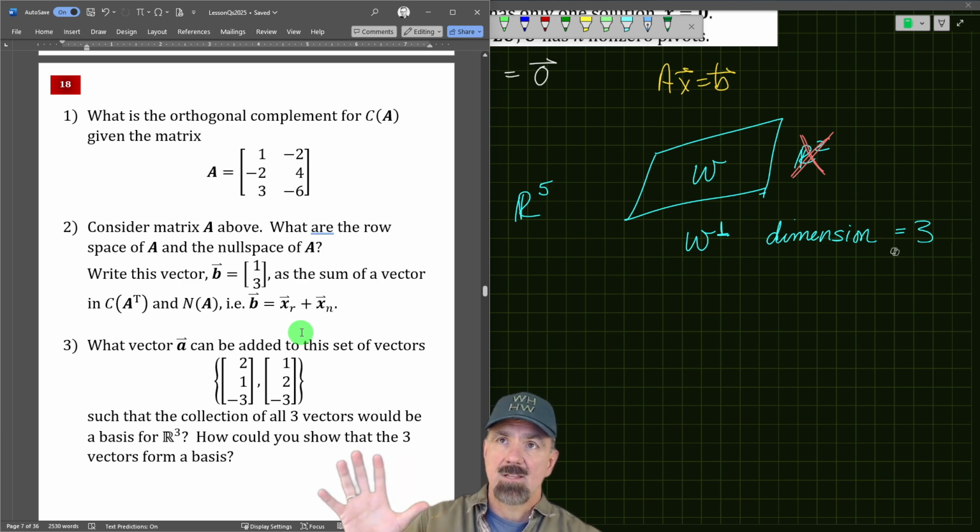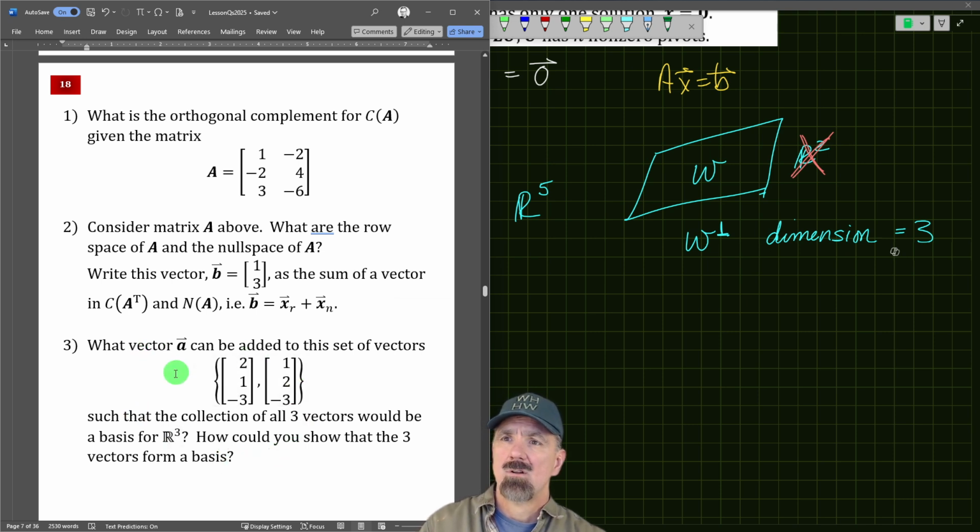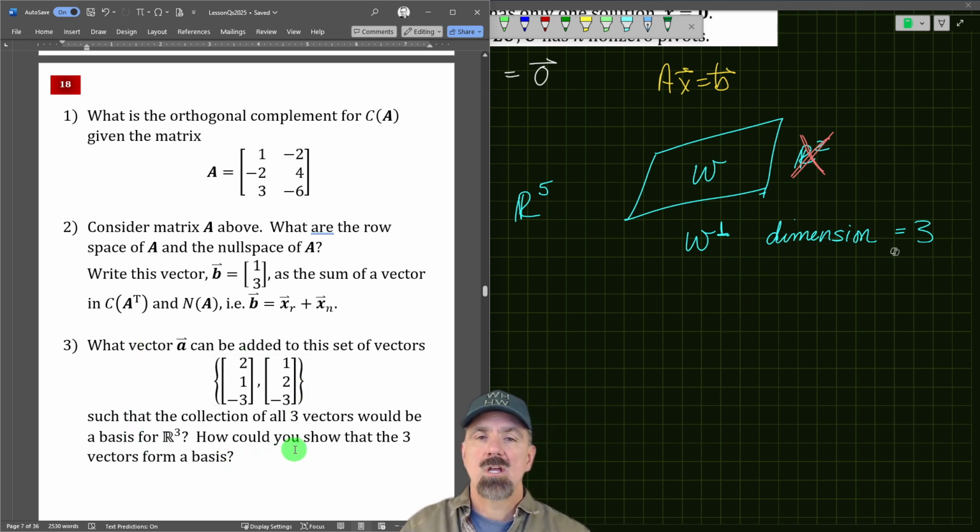So now I'm not talking about the solution to Ax equals B, I'm just talking about some generic B vector that happens to be in the input space of my linear operator. And then here we're looking at how can we fill out R3. We're missing a vector from R3 here. How can we fill out R3?